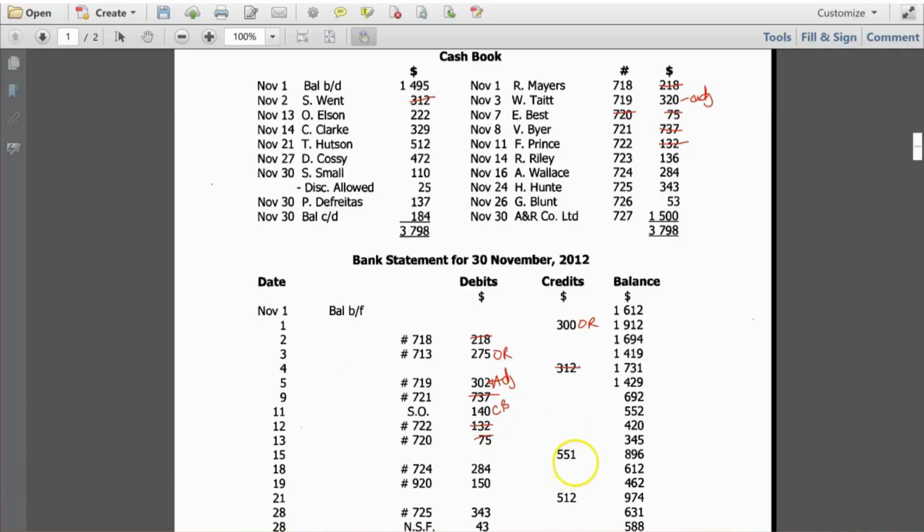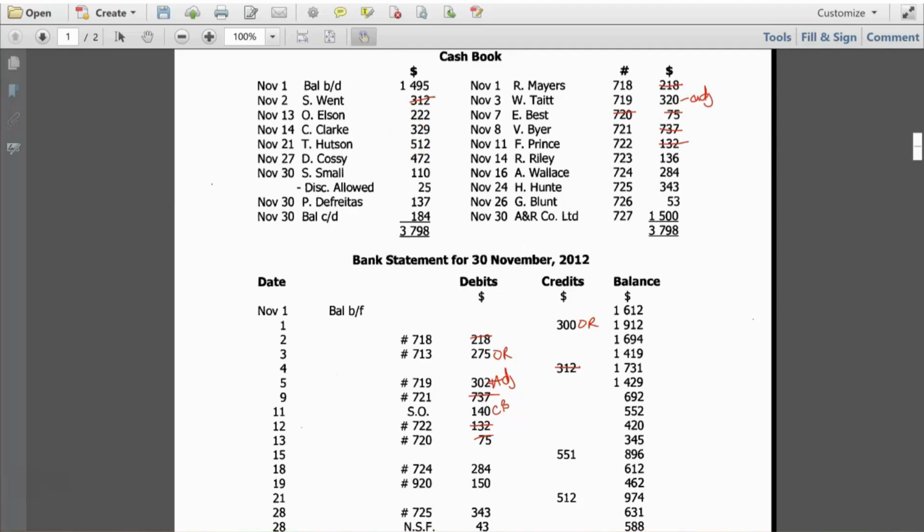Our next transaction is a deposit for $551. So let's check the debit side because this is income of our cash book and see if we find that. We don't see that deposit, that number straight off the bat, but we can't just simply assume it is for the opening reconciliation.